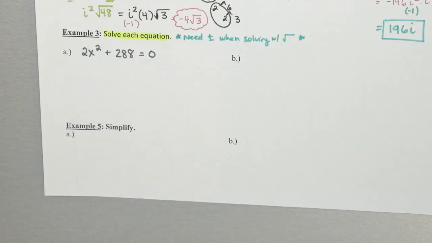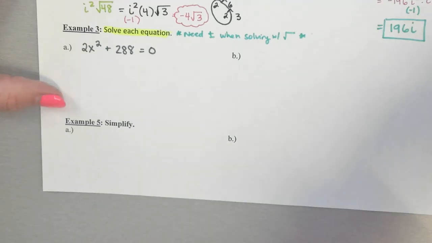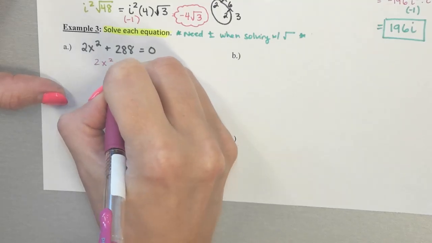So let's isolate the x variable. Okay, so your first step, you are going to subtract that over.